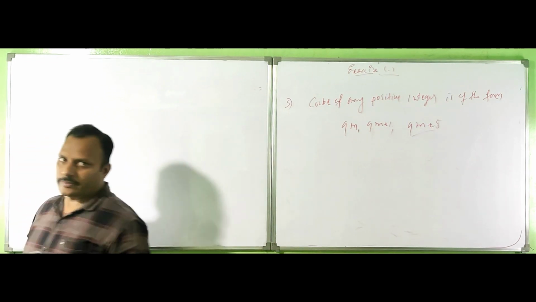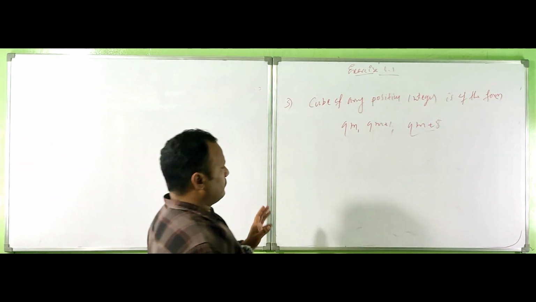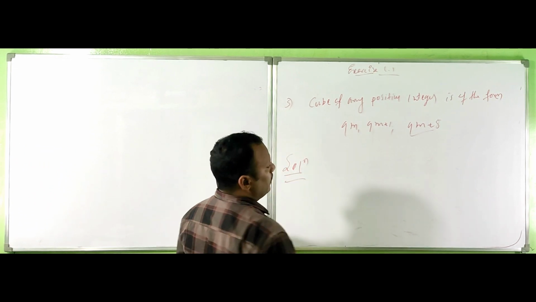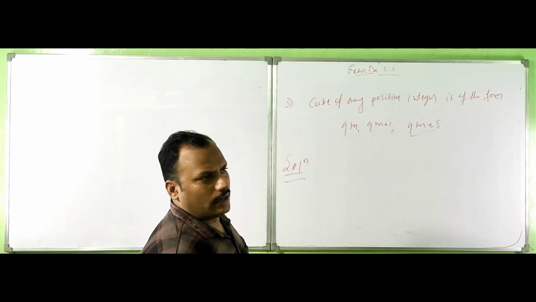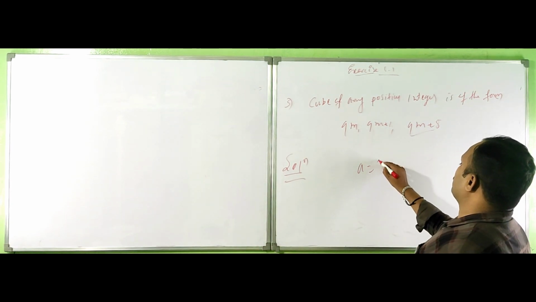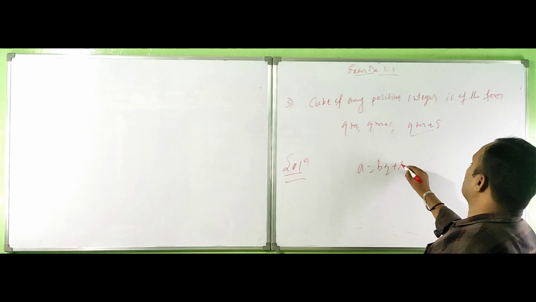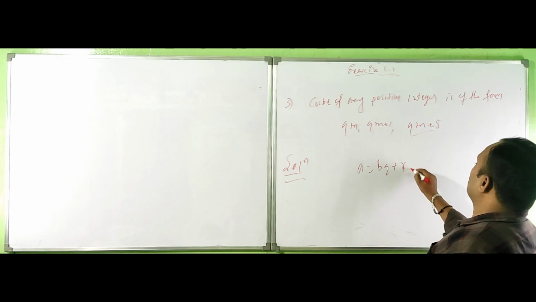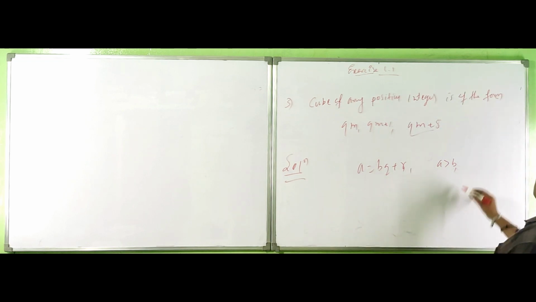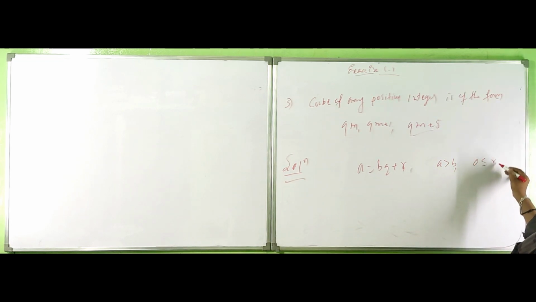Cube. Okay, so again the method is same. Questions are different, method is same. So again Euclid's division lemma. Division lemma is a is equal to bq plus r, where a is greater than b and 0 is less than or equal to r, less than b.